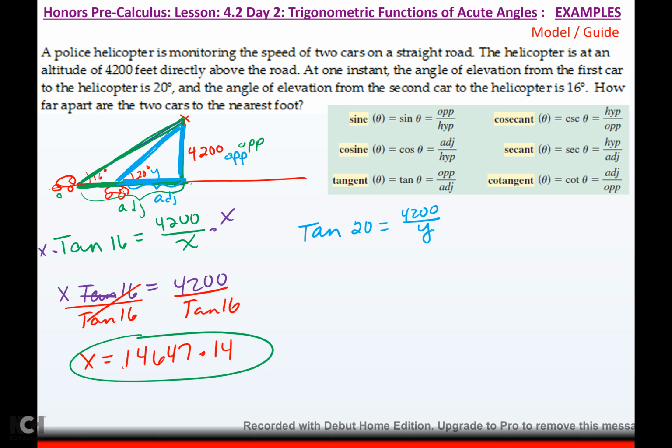And I get 32 meters. That's the length of the kite string. Alright, you try this one. Hit pause. Come back when you're ready, and hopefully you got 31 feet.